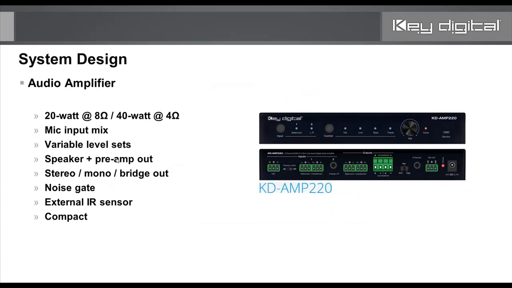So here is a closer look at the AMP220. As I mentioned, you have a microphone input with the ability to turn on phantom power, 48 volt phantom power. So it basically is going to allow you to replace the need to have a mixer in these applications. It's a very small profile, so it's also good for applications where you might use it for sound bars.